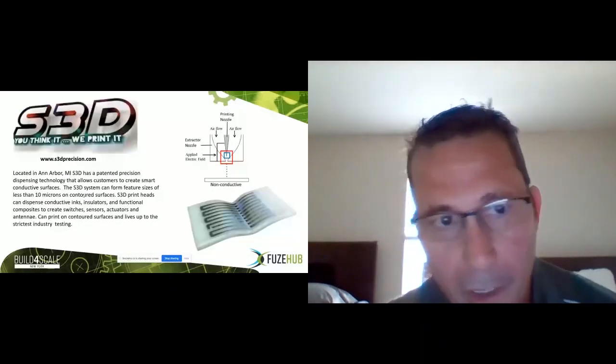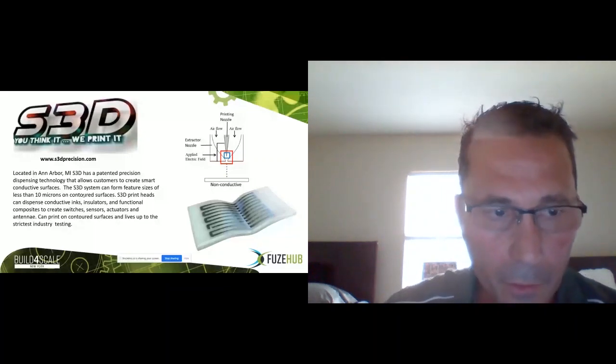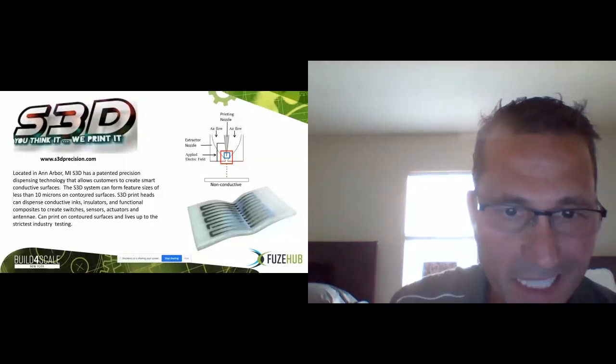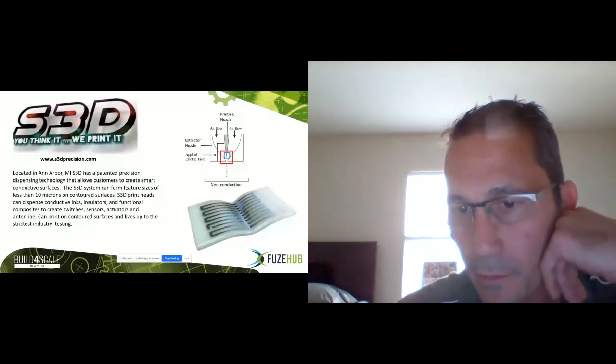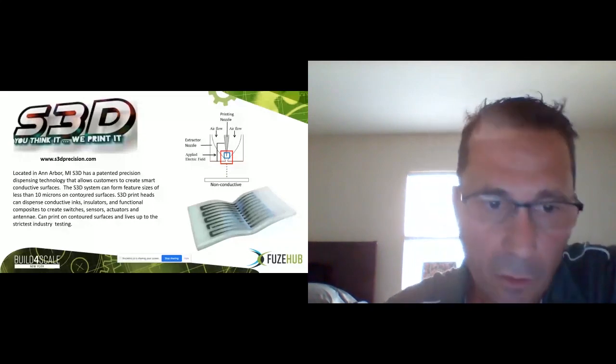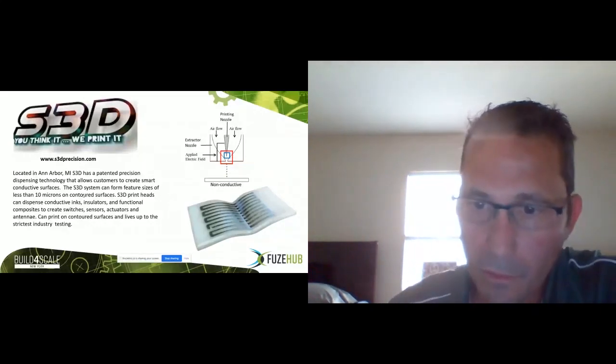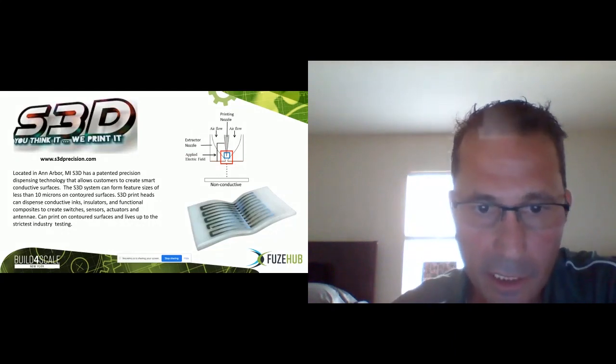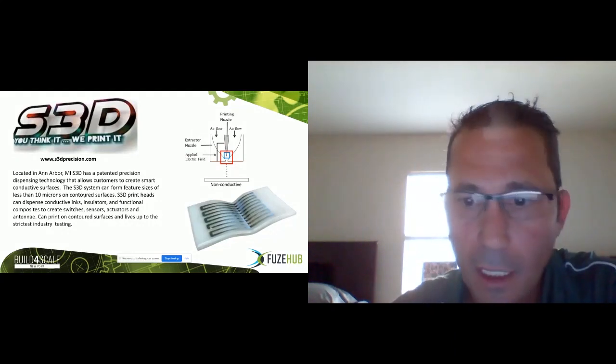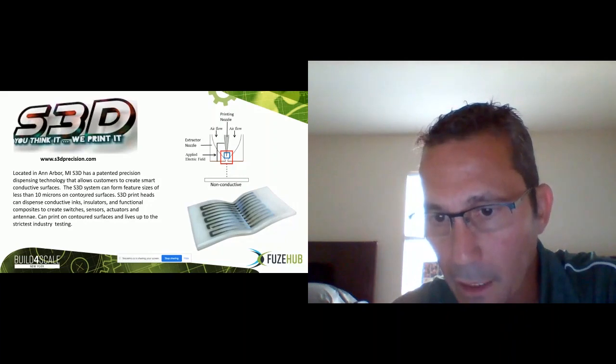We're also seeing quite a bit of interesting additive manufacturing technologies that aren't necessarily 3D printing. This is an example of a company that is developing a unique process for dispensing conductive inks. And what's unique about it is you can print these conductive inks not only on polymers and glass, but rubbers, thermoelastomers, things that they naturally don't adhere to very well. So it allows you basically to print conductive circuits.